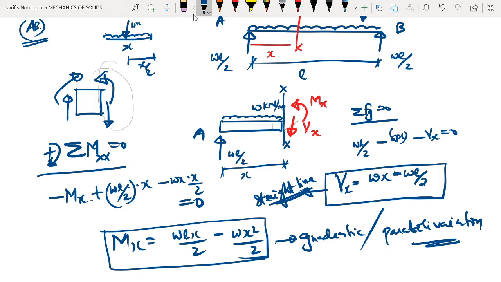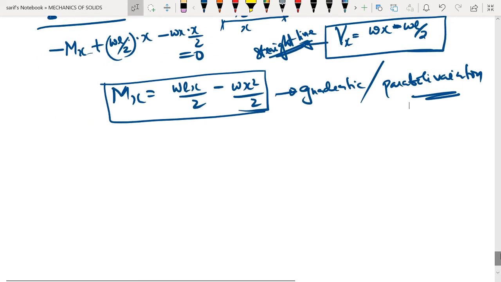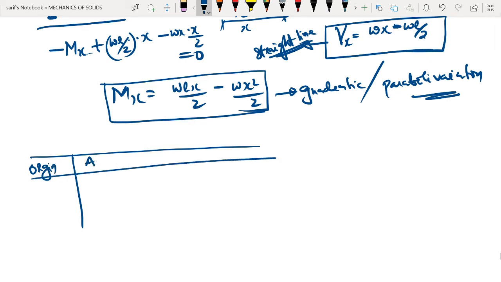Now once we have the expressions for the shear force and bending moment, let us write them down. We are going to make a tabular form. The first thing is origin. The origin is A. Next, we want to represent the region, and there is only one region that we have to consider, that is the region AB.